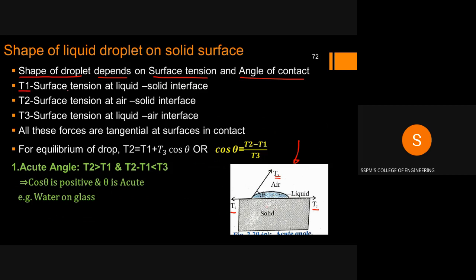T1 is the surface tension between liquid and solid. T2 is the surface tension between air and solid. T3 is the surface tension between liquid and air.